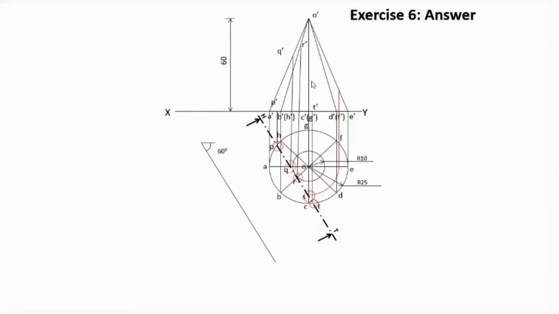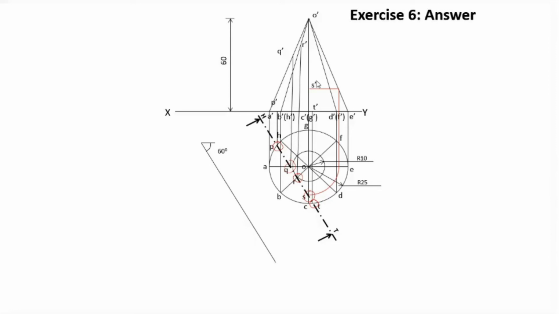And from the point of intersection of the projector and O dash E dash, we draw a locus to this point, this O dash C dash. And now that is the point S dash.